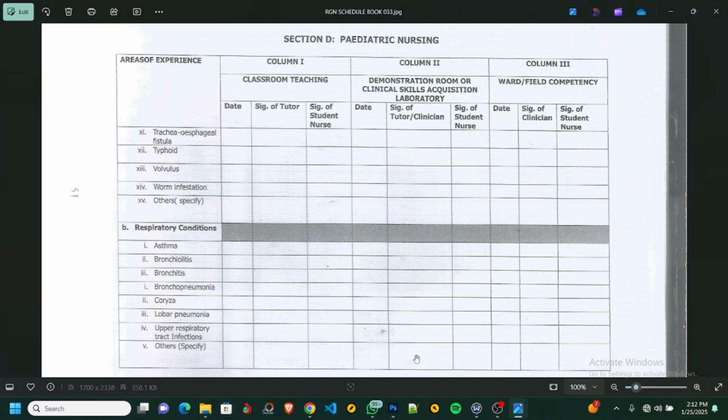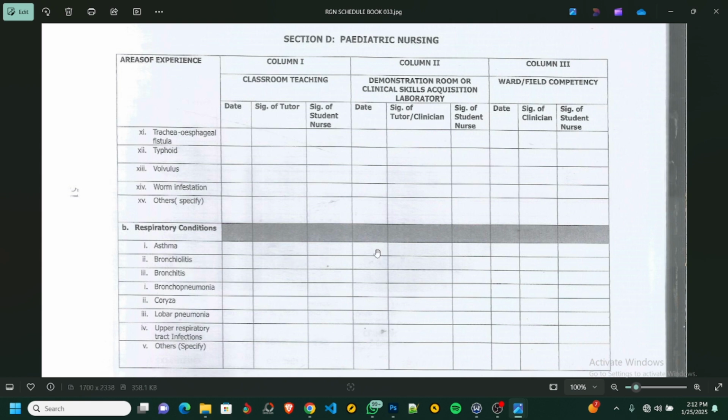So a point of reminder again, if you were taught more than one in a particular day, you can write the date across. Then you as a student will also sign across, and then the clinician or the tutor signs across. But if it is just a particular one, let's say one or two, let's say asthma was taught, and then bronchiolitis was skipped, and probably bronchitis and bronchopneumonia were taught.